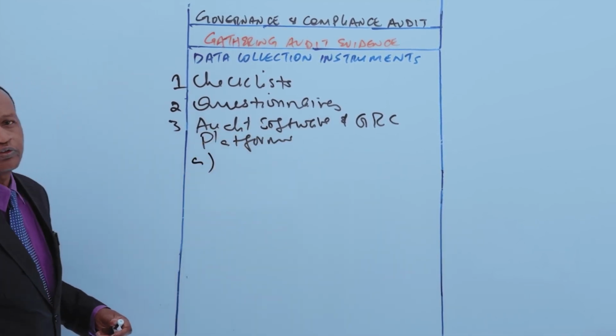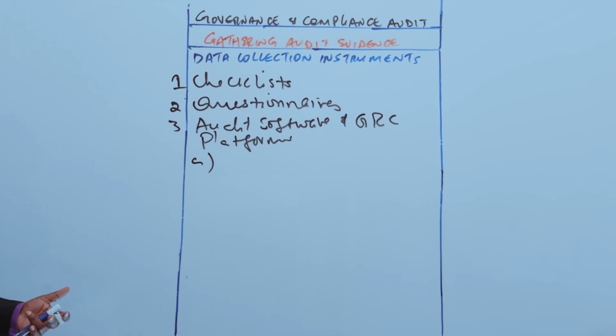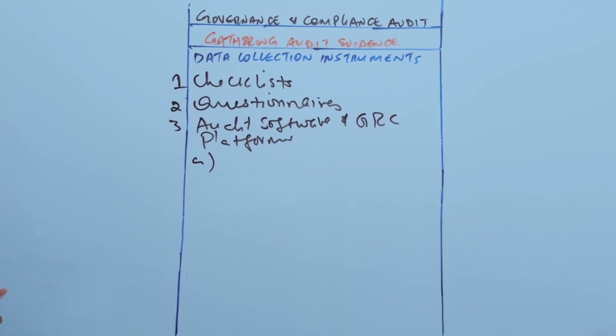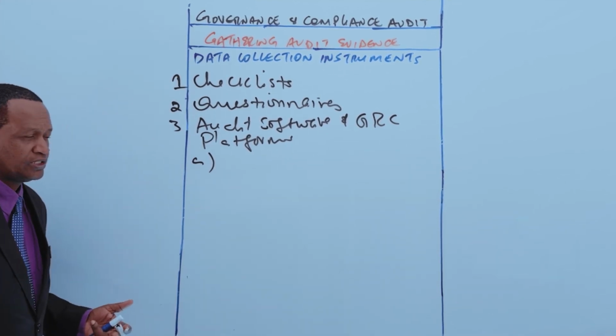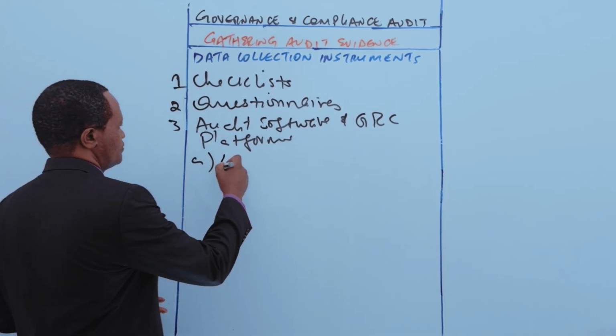Now, here apparently we are talking of technology. Technology plays a significant role in modern audits, and software tools automate and streamline data collection and analysis, as well as reporting. One type of such tool is the audit management software.